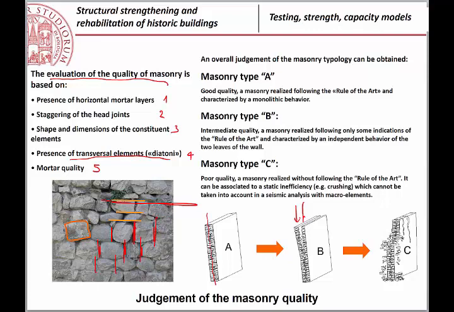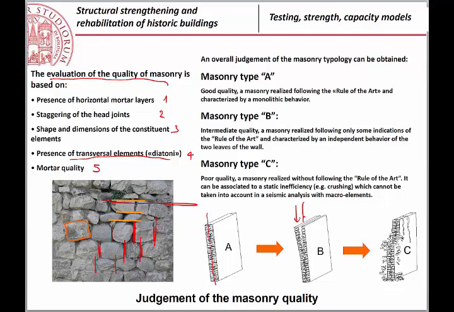And then finally, the quality of the mortar, of course. But it is not the most important issue that I want to remind you. Why? Because it is much more important how the masonry is organized. That is the shape of the beds, which is if the blocks are regular or not.